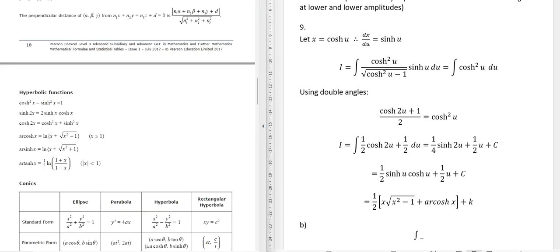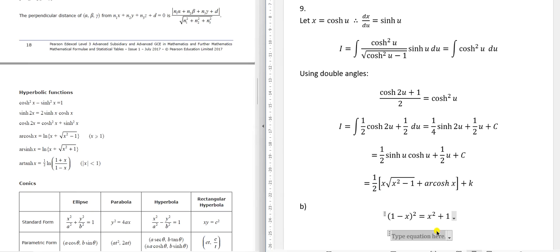And arccosh actually has a form here. Arccosh of x is 0 when x plus root x squared minus 1 is 1. Which means 1 minus x is equal to root x squared minus 1. And 1 minus x all squared is equal to x squared minus 1.